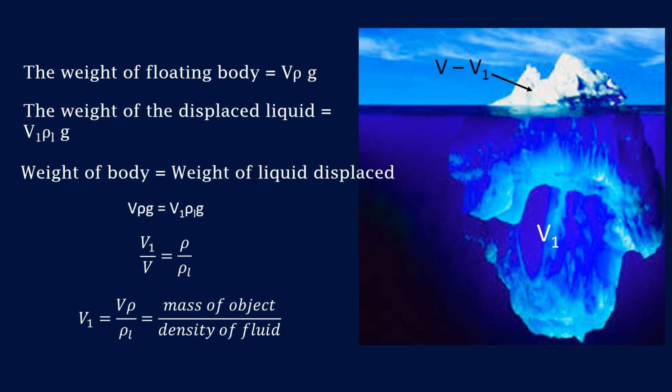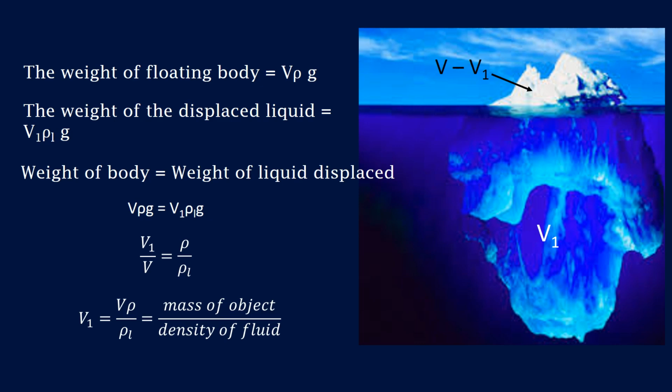Let a solid of volume V and density rho float in a liquid of density rho L. Volume V1 of the body is immersed inside the liquid. The weight of the floating body is equal to V rho g. The weight of the displaced liquid is equal to V1 rho L into g.